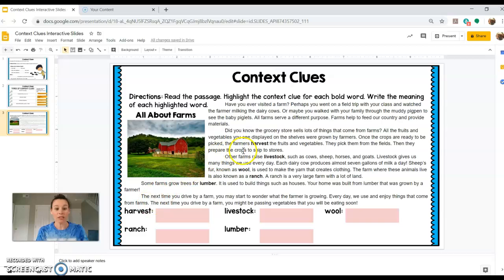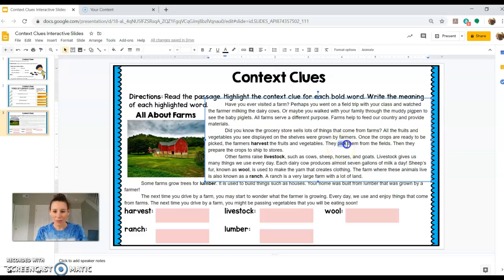After I'm done carefully reading this text, I'm going to find a context word for harvest. Once the crops are ready to be picked, the farmers harvest the fruits and vegetables. They pick them from the fields. Well, I keep seeing that word pick over and over again, so I might highlight that word in my selection.